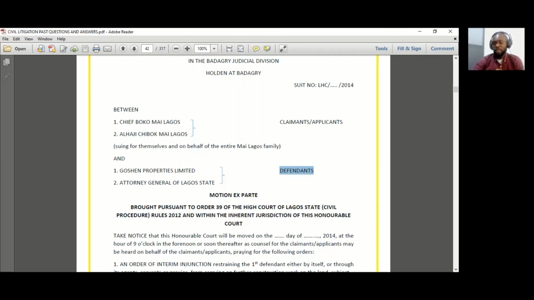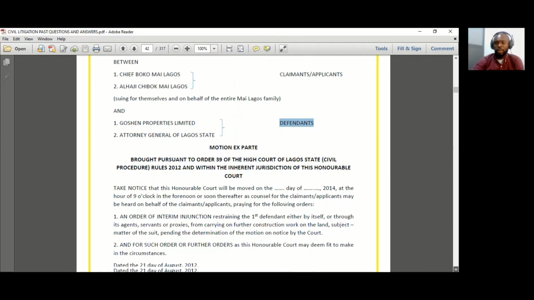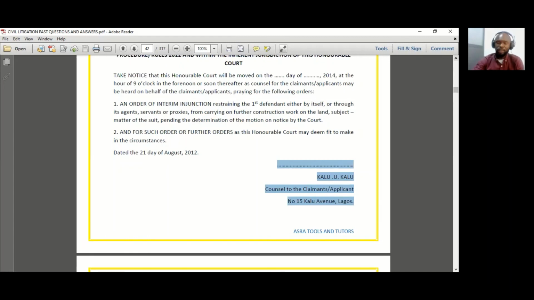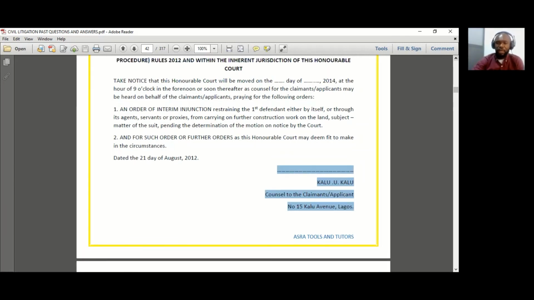The other party is not going to be served with that motion. And that's why after drafting it, we simply sign it, and we do not have the other party being put on notice. All right, so it's simply just dated and signed after drafting.